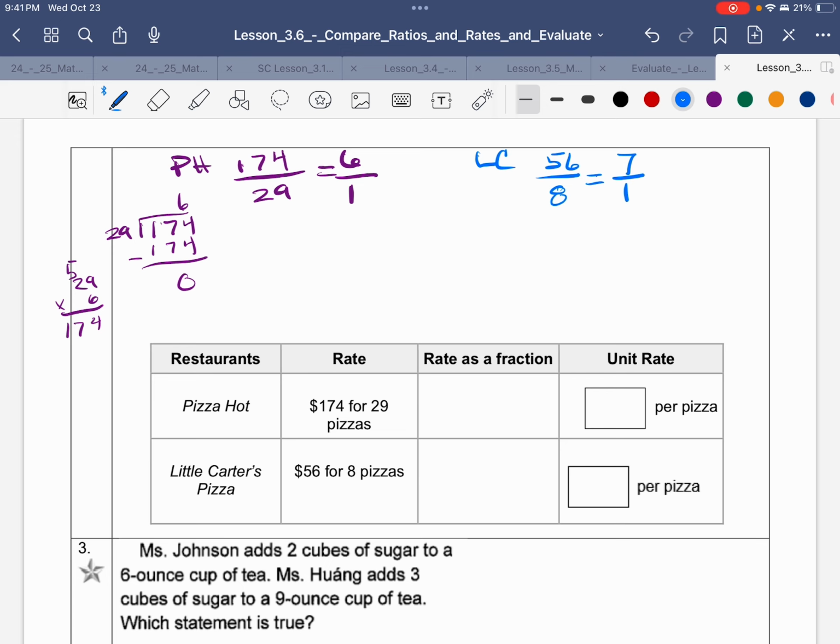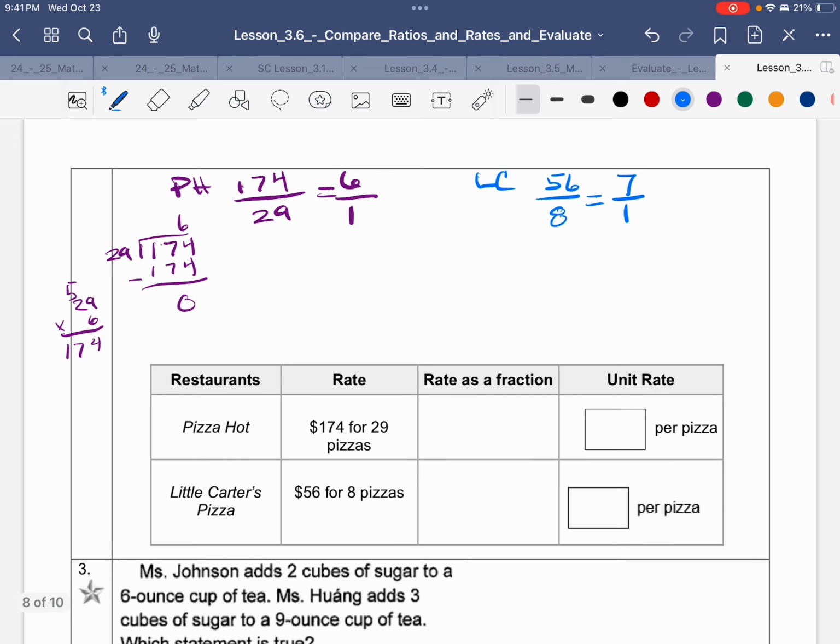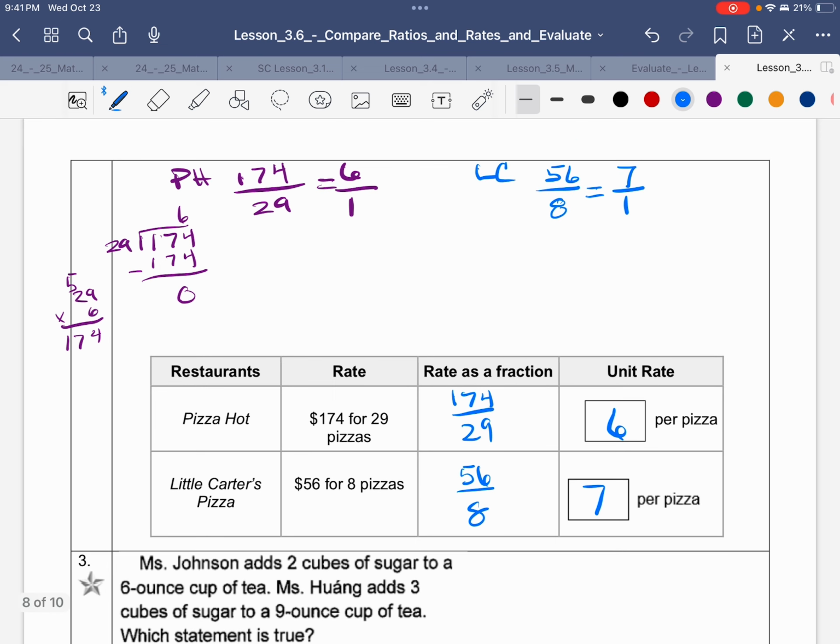So rate as a fraction. Oh, I didn't even write it. I can put them in here though. 174 over 29, and this is 56 over 8. Then the unit rate per pizza here is $6 per pizza, and this one is $7 per pizza. Gotcha. So I would go with Pizza Hut because they're cheaper, right?